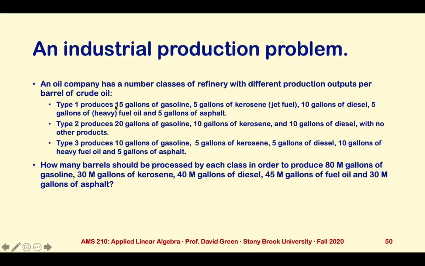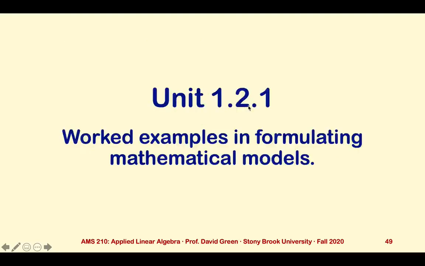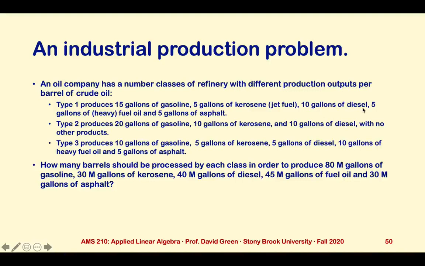The first produces 15 gallons of gasoline, 5 gallons of kerosene, which is jet fuel, 10 gallons of diesel, 5 gallons of fuel oil, and 5 gallons of asphalt per barrel input crude.